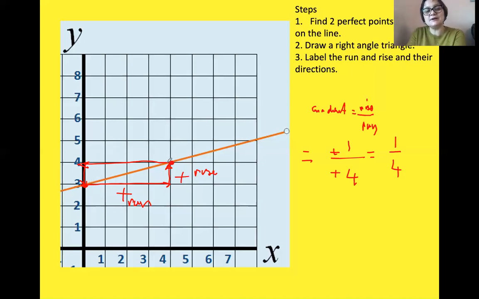So if you start here and go to the left, then this is going to be negative. Go down, this is going to be negative. Again, so it's going to be -1 over -4. So the answer again is going to be positive. So this line has a positive gradient.